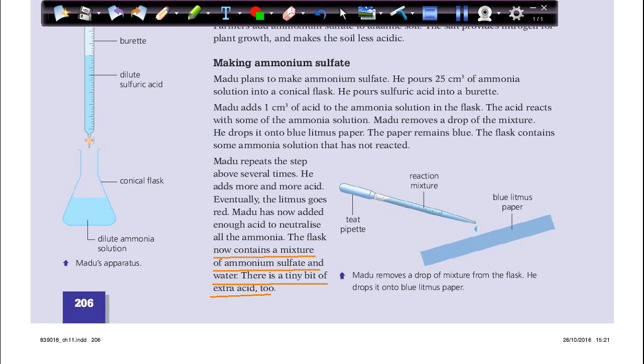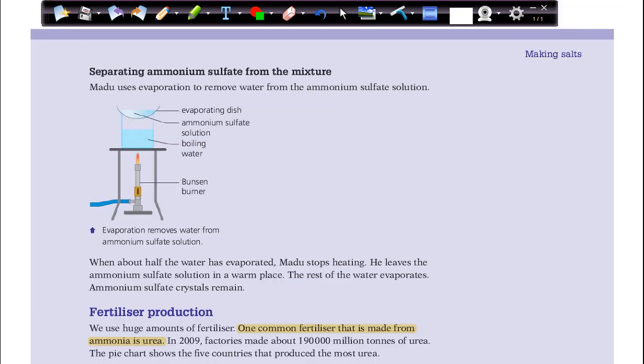But we need to evaporate it until half of the mixture is evaporated. Then we need to place it in a very warm room and leave it for days. Then we can get the crystals. So let's go to the next page and see the rest.